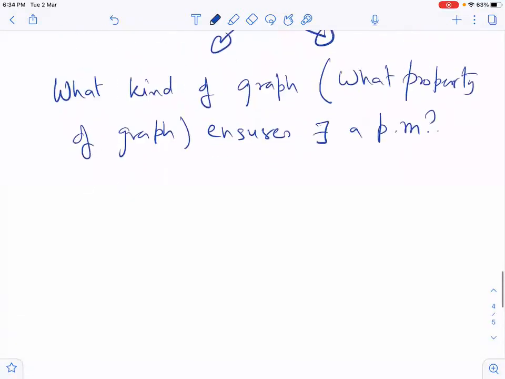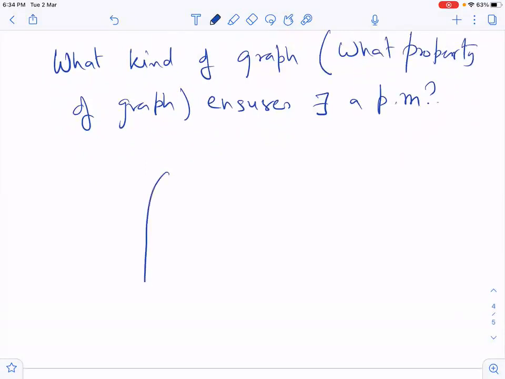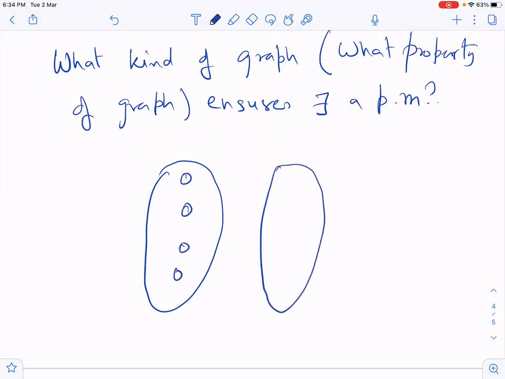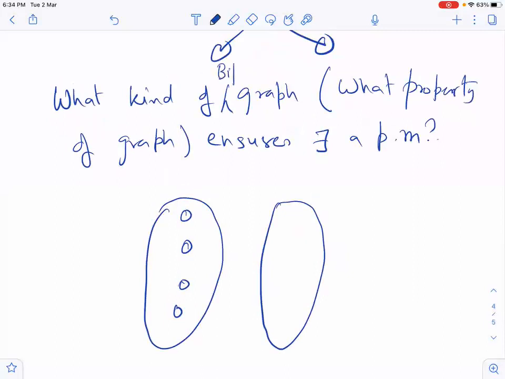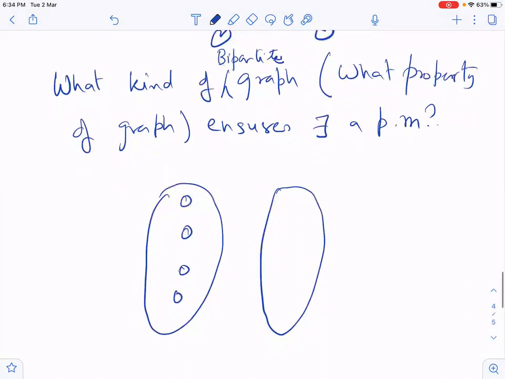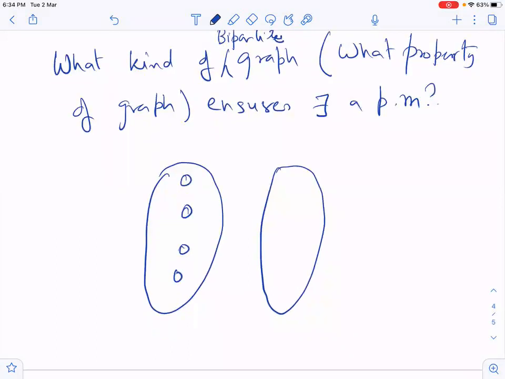So this is the question that we want to ask. I have this graph here, and I'm just looking at bipartite graphs, and for whatever I'm going to do now, I will just talk about bipartite graphs. For the case of non-bipartite graphs, something similar can be done, but it's much more complicated.